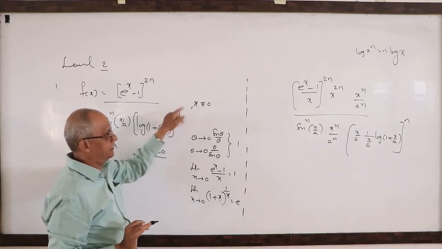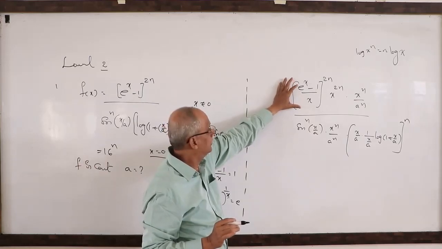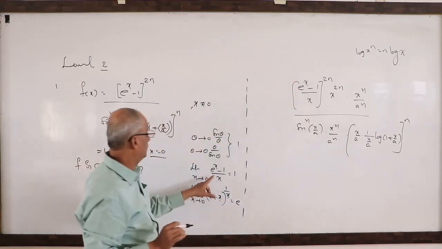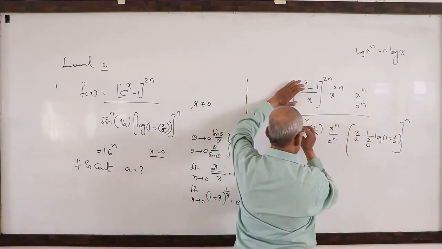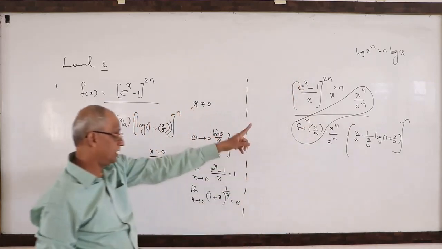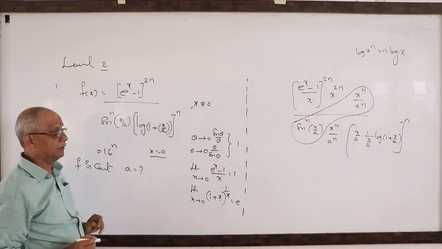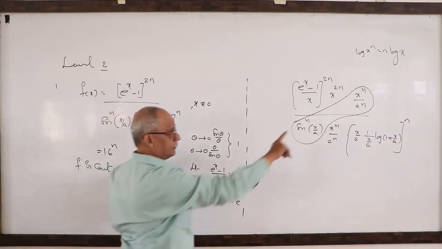Now, you decide the values. What is this value? 1 over. What is this value? Theta by sin theta. How is it 1?